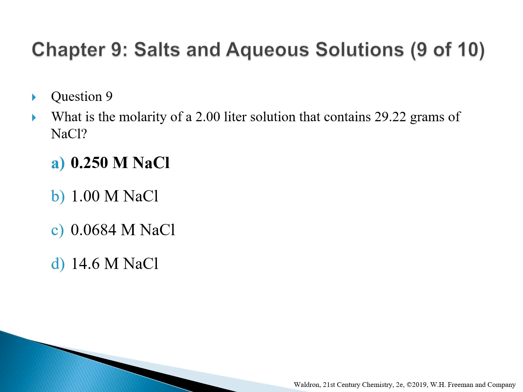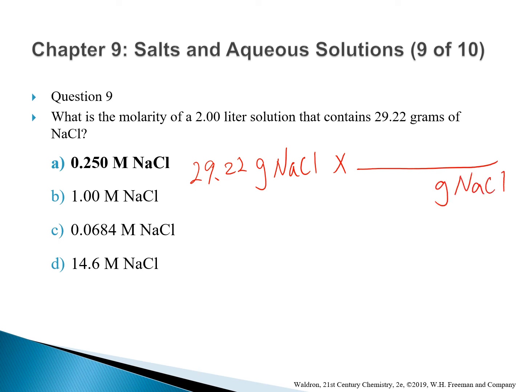0.250 molar sodium chloride. To work this problem out, we first want to take the 29.22 grams of sodium chloride and convert it into the number of moles by using the molar mass of sodium chloride, which is 58.44 grams per mole.